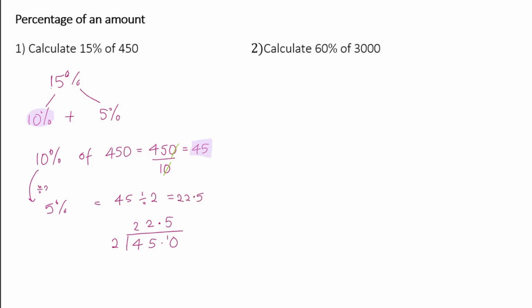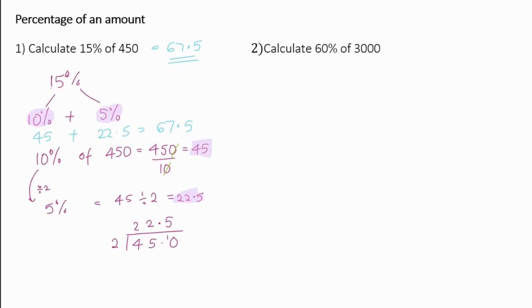Our 5% of 450 is therefore 22.5. Now, in order to find the combined 15%, we just have to add our 10%, which was 45, plus the 5%, which was 22.5. And this gives us a total of 67.5. So 15% of 450 is 67.5.